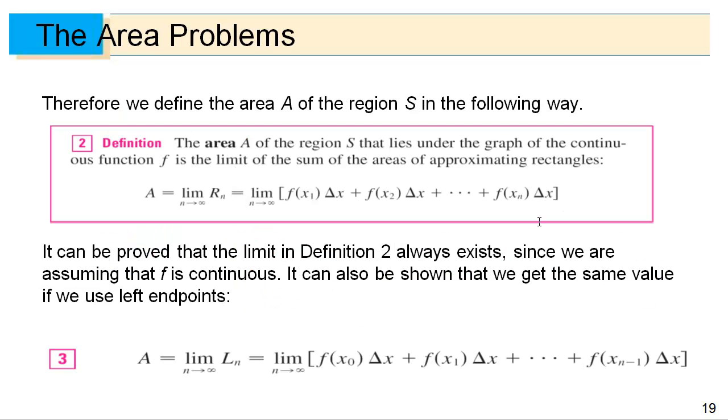So you can see that if we generalize that, this first height, instead of being at x1, it's at x0. And then this second rectangle, instead of being the height at x2, it's the height at x1. And then when you get to the end, instead of the last height being x sub n, it's x sub n minus 1.